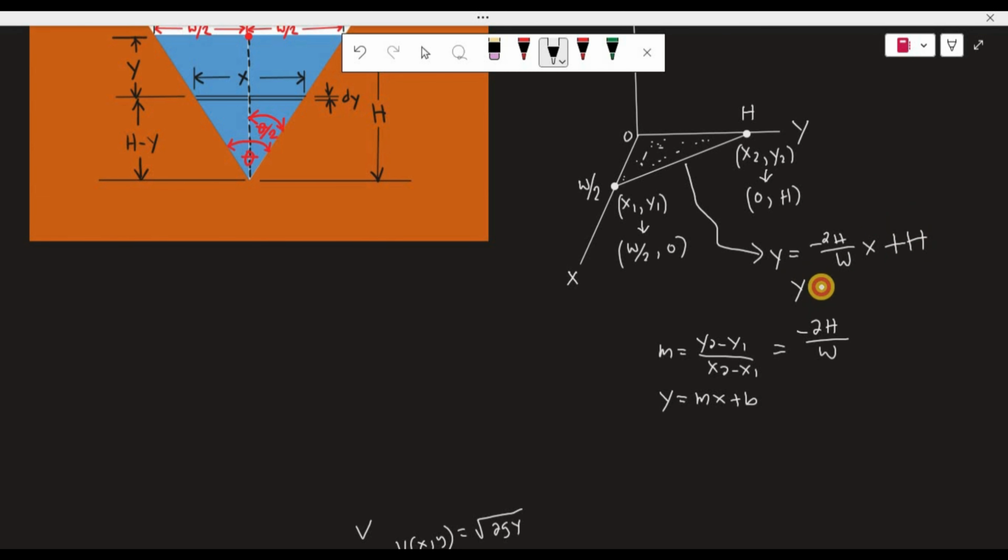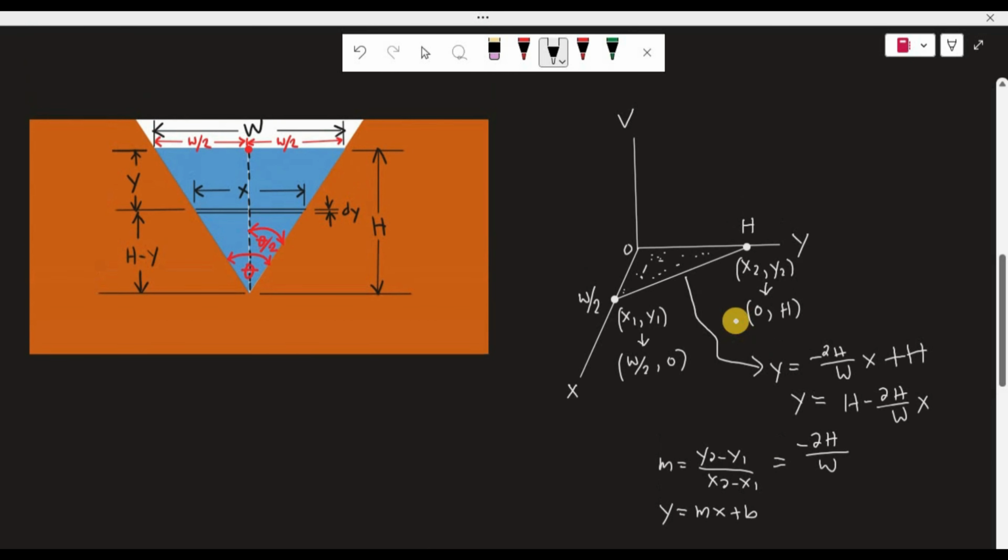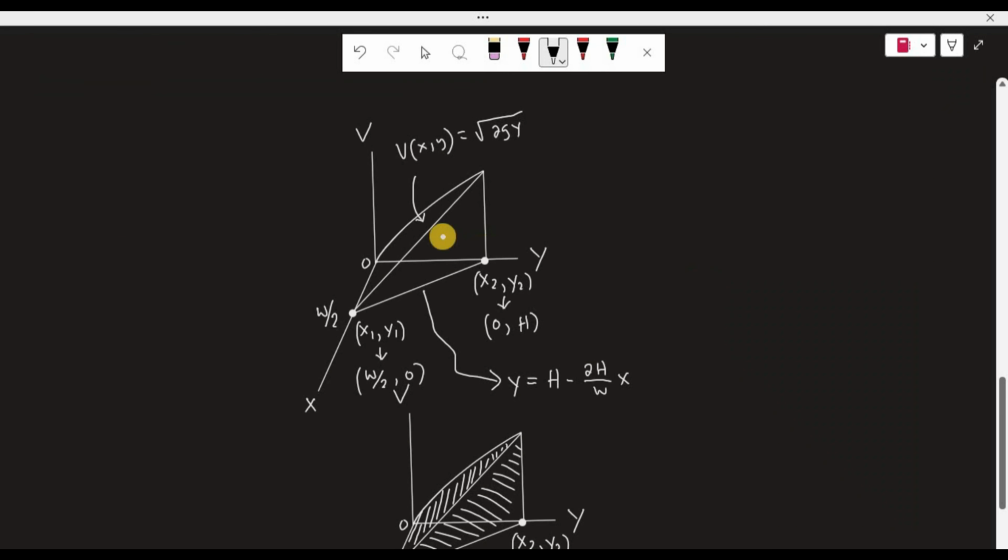Rearranging, we obtain y equals h minus 2hx over w. We can denote this region on the xy plane as R, while this surface is simply defined by the velocity function v of x,y equals the square root of 2gy.